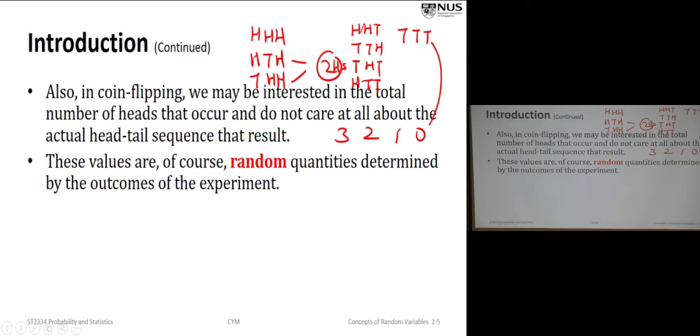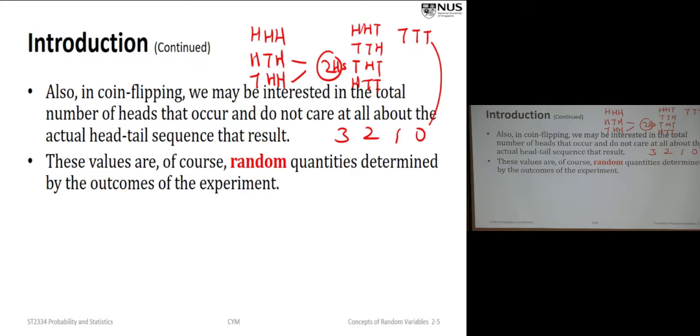So now the question here is, how likely do we see 0 heads when we toss coins 3 times? How likely do you see no heads? How likely do you see 1 head? How likely do you see 2 heads? How likely do you see 3 heads? Are all these probabilities the same? Are they equally likely?